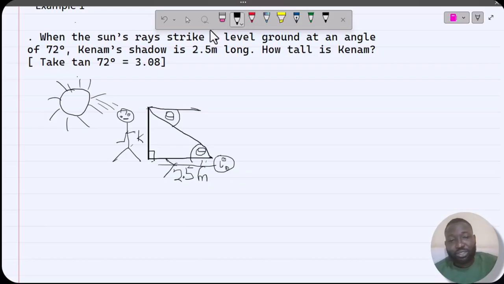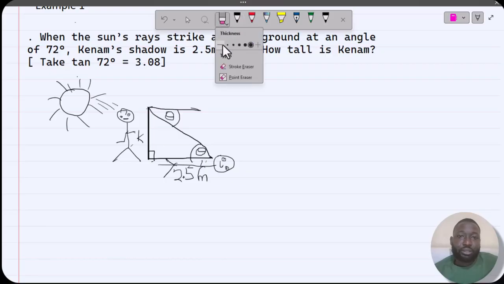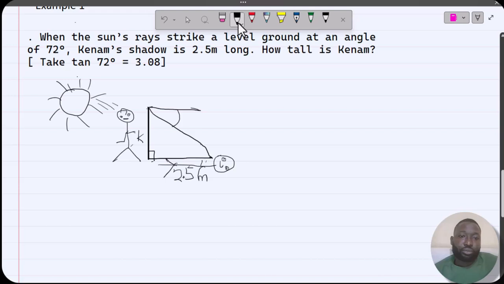So this theta now becomes 72 degrees, and I just want to quickly fix that in. So our 72 degrees will be here, and we have another 72 degrees here.